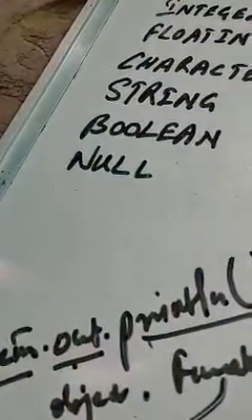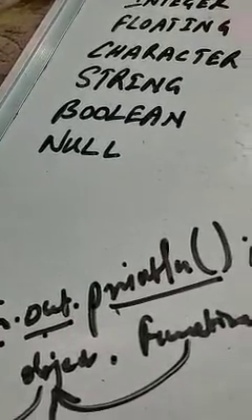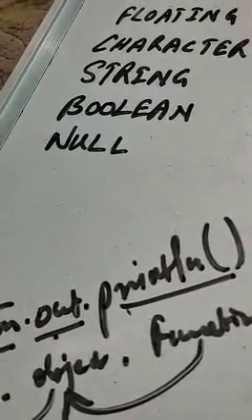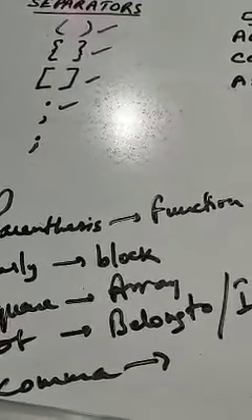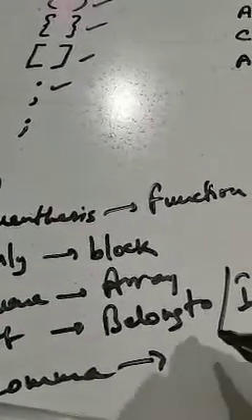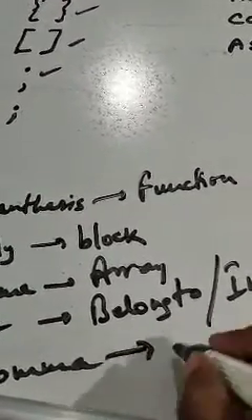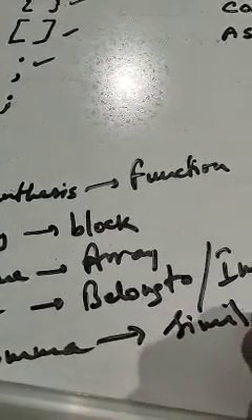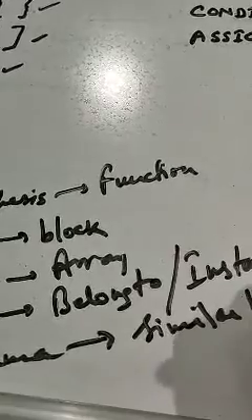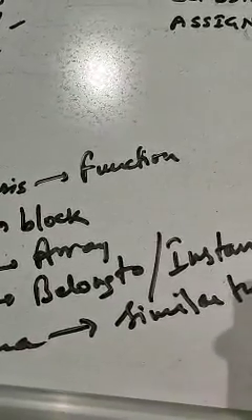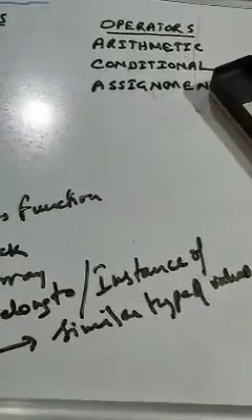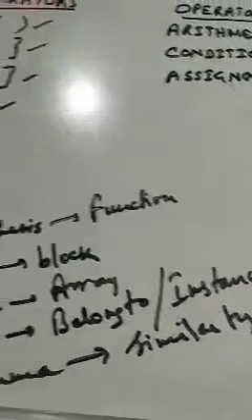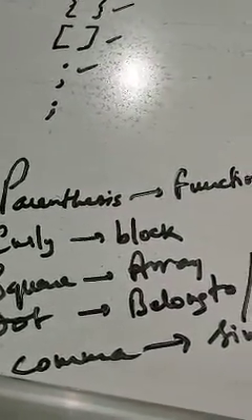Then we have the next one, that is comma. What does comma stand for? Comma is used to separate similar data types or similar values. Like if there are 2-3 integers, then in that case we use comma.